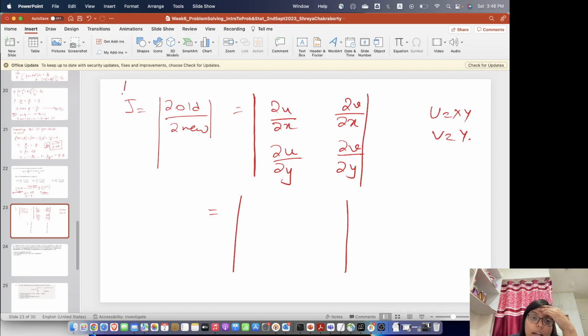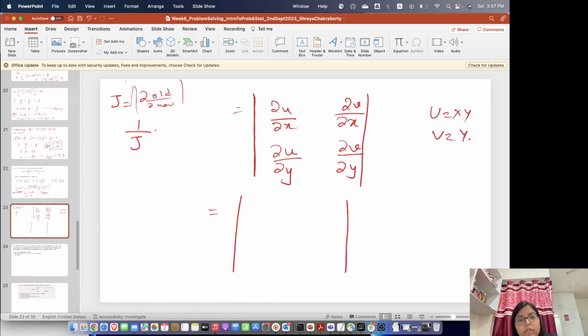So I can write it as 1 by Jacobian equals, I'll write it afresh over here. Jacobian is del old by del new determinant. Here what I am writing is 1 by j, that is del new by del old.